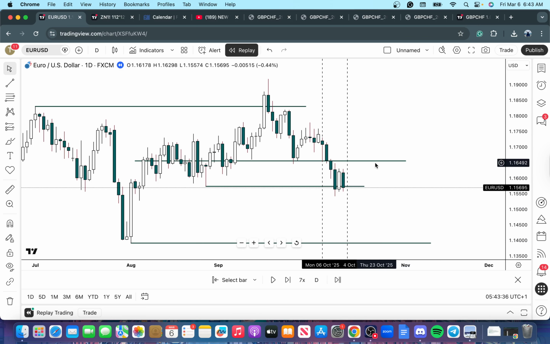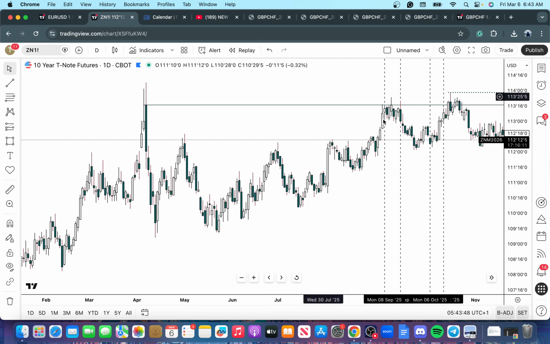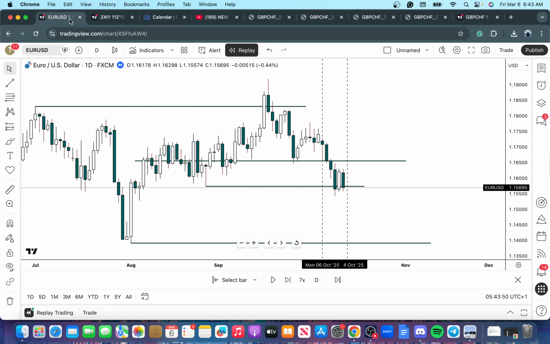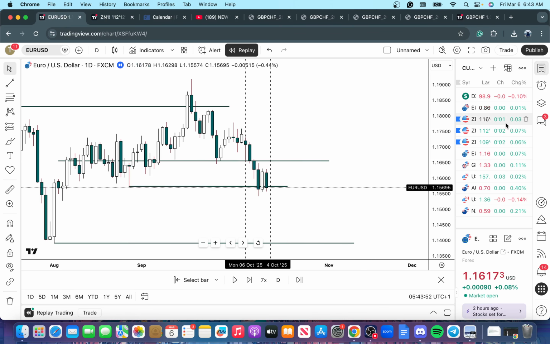So how do we determine what is more likely to happen? This is where we start to apply the daily price profile symmetry concept, right? What we're looking for here is we're going to look at treasuries and look at what treasuries have been doing, or 10-year T-notes, right?